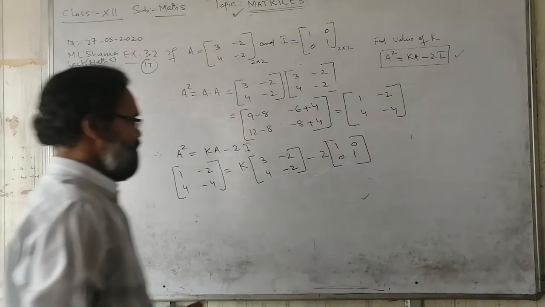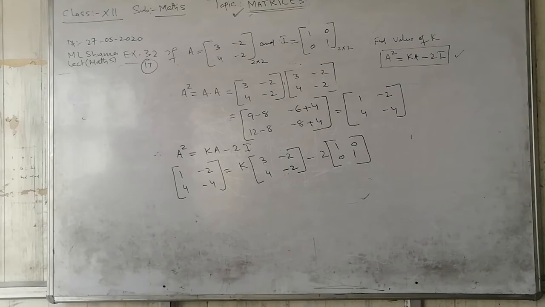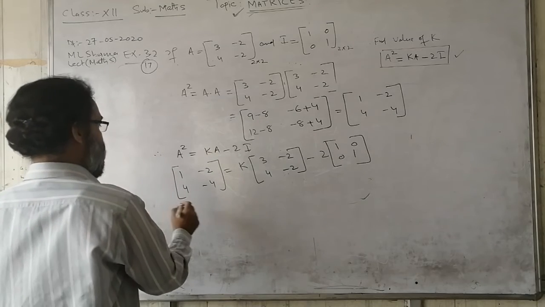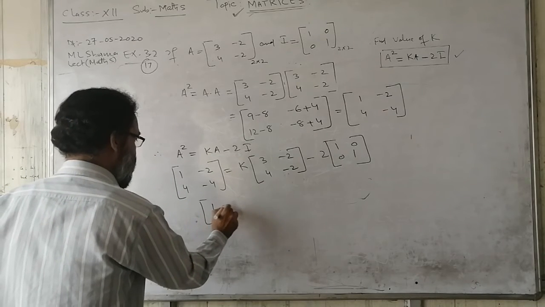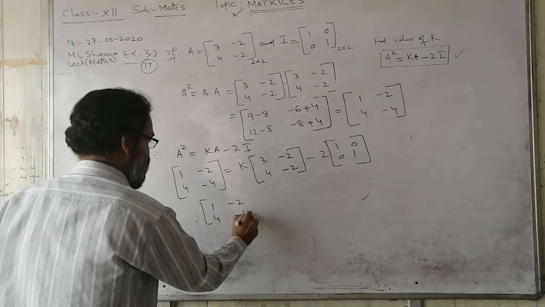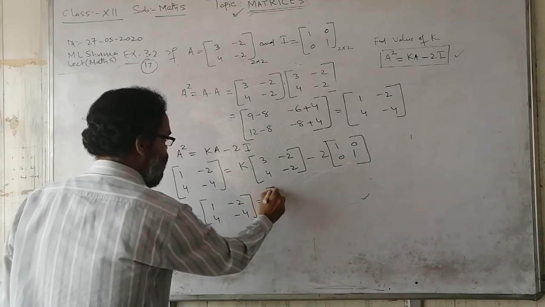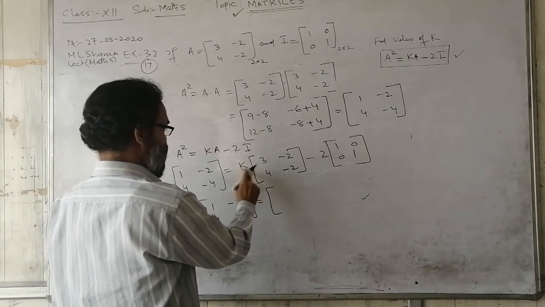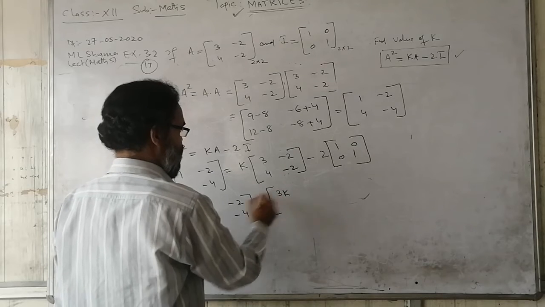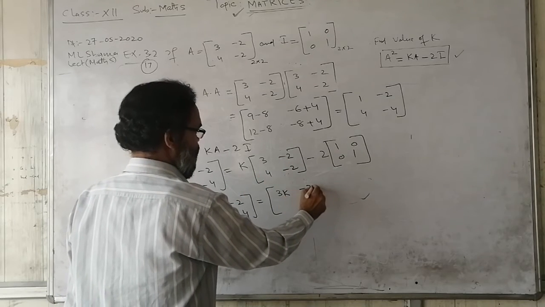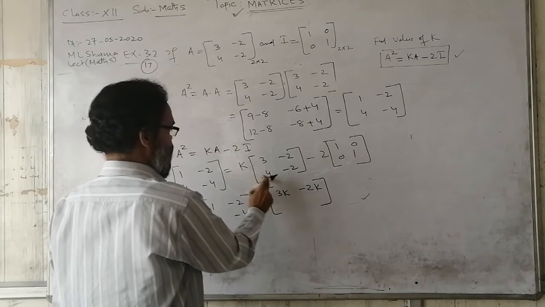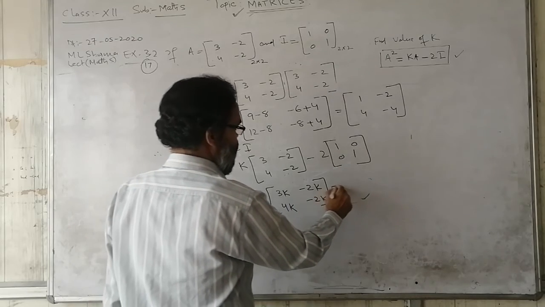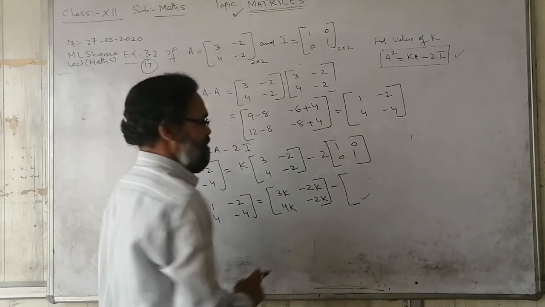So from this equation I have to find the value of K. This can be written as 1 minus 2, 4 minus 4 equal to, this is the case of scalar multiplication by constant K. So if I multiply, here I have 3K, 2K and 4K here and 2 minus K here, minus again scalar multiplication.